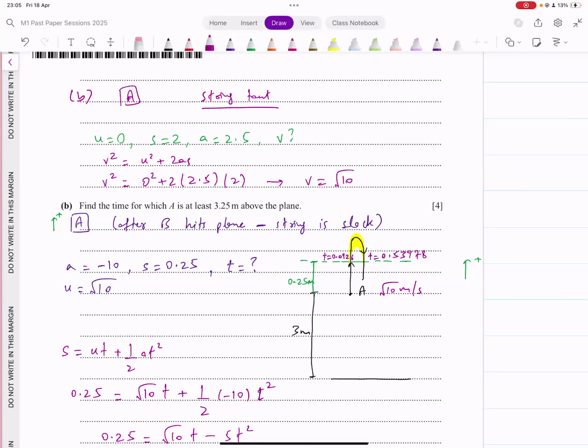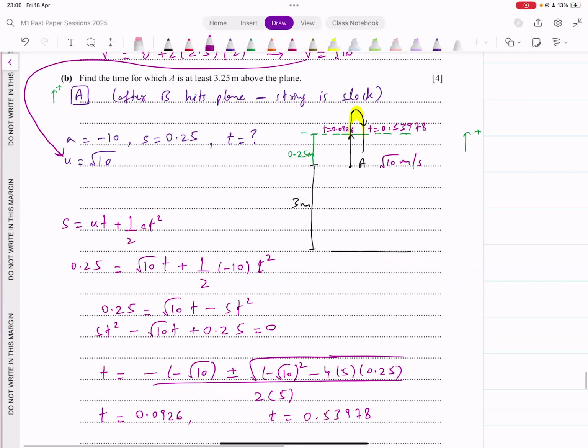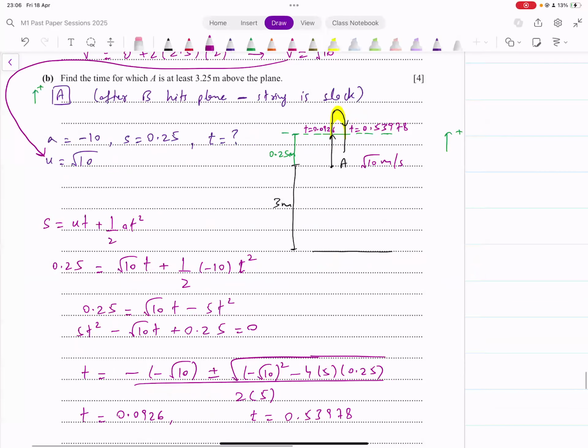That became the initial velocity for this part of the journey when the string was slack. We used that to find the time taken until the height becomes equal to 0.25. We got two values from that. One was when the particle was going upwards, the other when it was going downwards. So the time duration comes from their difference.